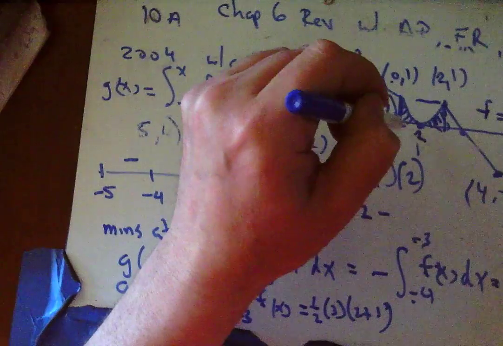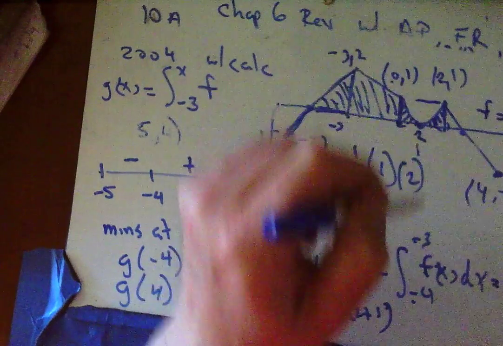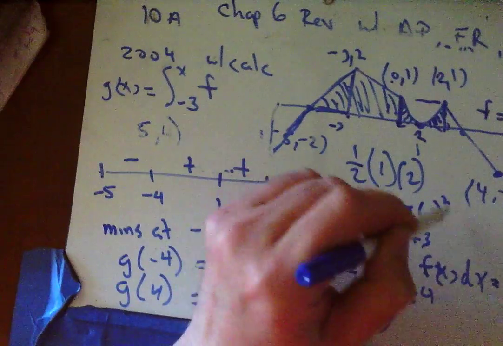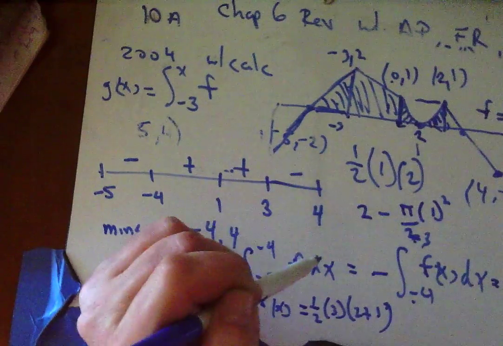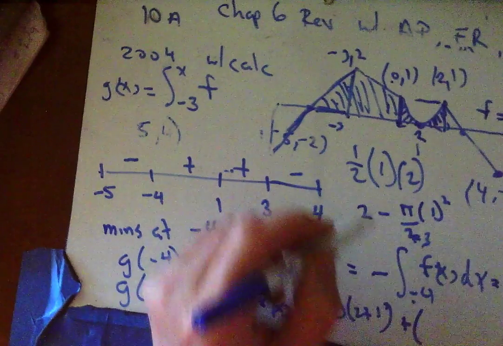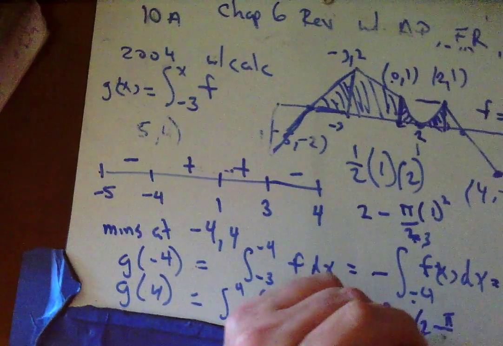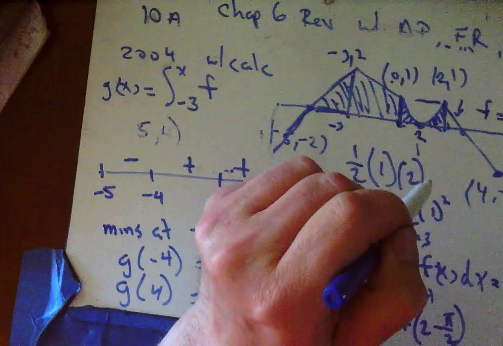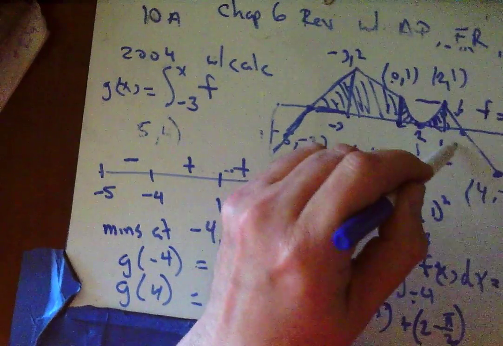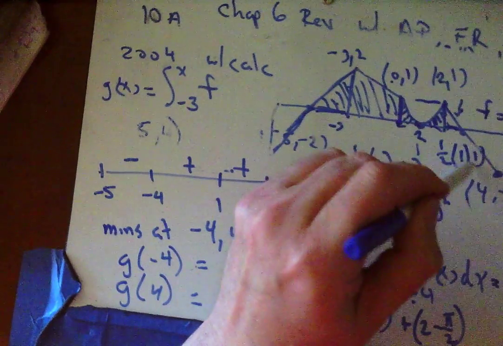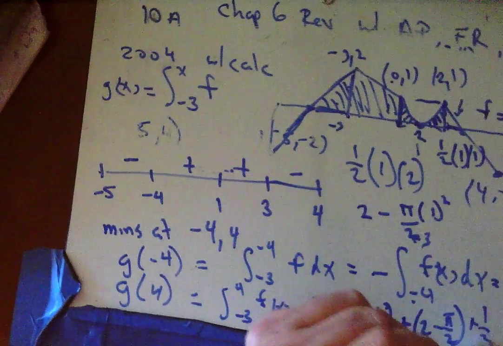The radius of the semicircle is from 1 to 2, or 1. So pi 1 squared, but that's a whole circle. You only want half a circle. So we're going to add on 2 minus pi over 2. And then we've got this little triangle here, which is 1/2. The base is 1. The height is 1. So we're going to add another 1/2.